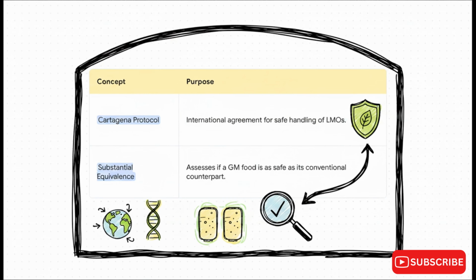On one hand, you have international agreements, like the Cartagena Protocol on biosafety, which sets global standards for safe handling. And on the other hand, regulators use a scientific principle called substantial equivalence. This is really a detailed comparison process where the modified food is analyzed against its conventional version to ensure it is just as safe.